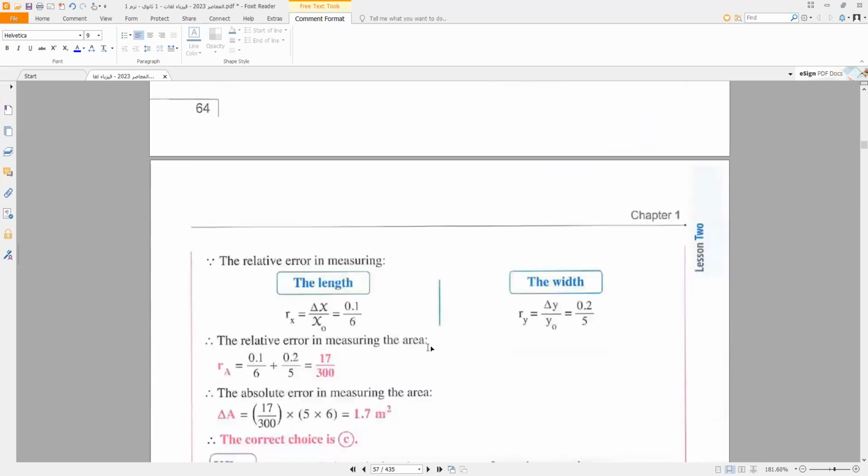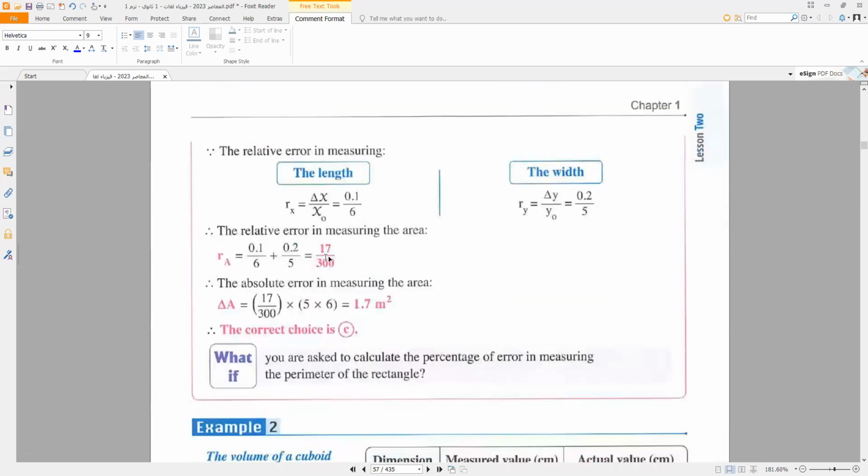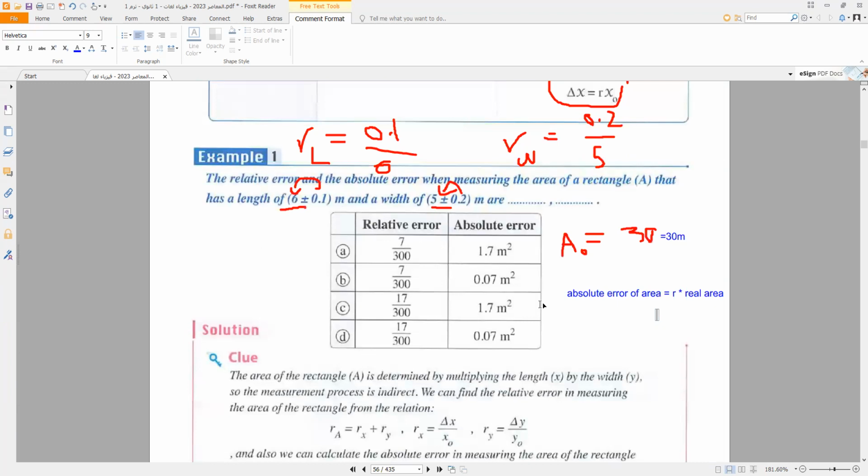The relative error here equals 17 over 300, times the real value, 30, to get the absolute error of the area.